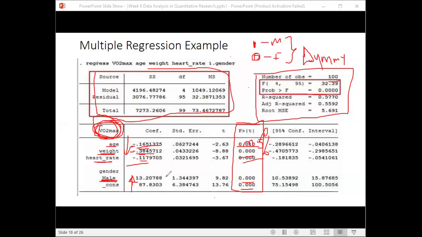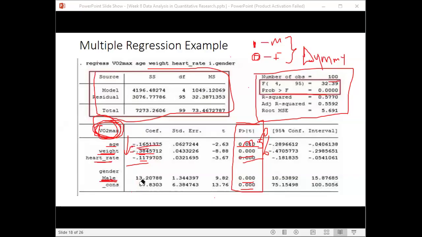13.20789 relative to being female. I'm saying it again. If you're writing, you can write. So if male is the presence of the characteristic, it's going to be stated that being male, that is having the characteristics of a male, if the coefficient is positive, right?